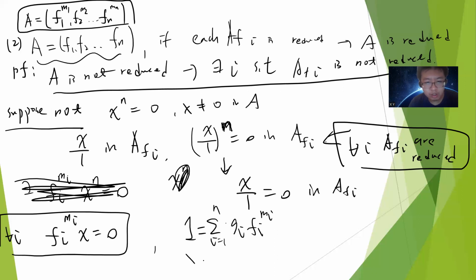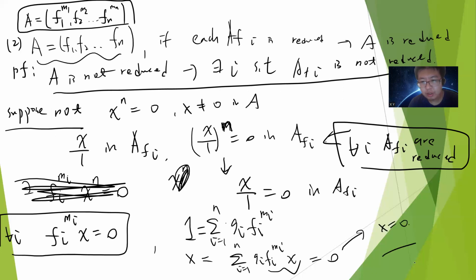If this is true, then multiplying by x, you get the sum of gi fi^mi x from 1 to n, and you get 0, because all these terms are 0. So x is 0. This is a contradiction, because I assumed x is non-zero, so x is nilpotent, but you proved that x is 0. So that means our contradiction proof is okay. So we prove that there is this i such that A_fi is not reduced.